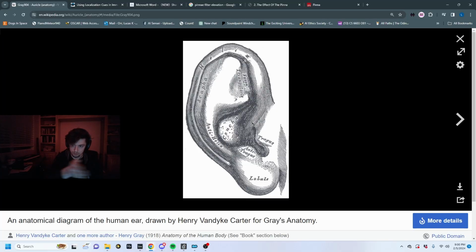As it goes around, it also gets filtered a little bit differently. So if something's behind you, you're going to hear it, and it's going to be filtered differently based on how it's hitting your ears and how your ear shape will amplify certain frequencies and whatnot.